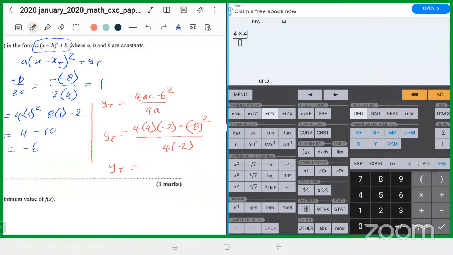So it will be 4 times 4 times negative 2, and then minus bracket negative 8 squared, and you're dividing that by 4 times 4.